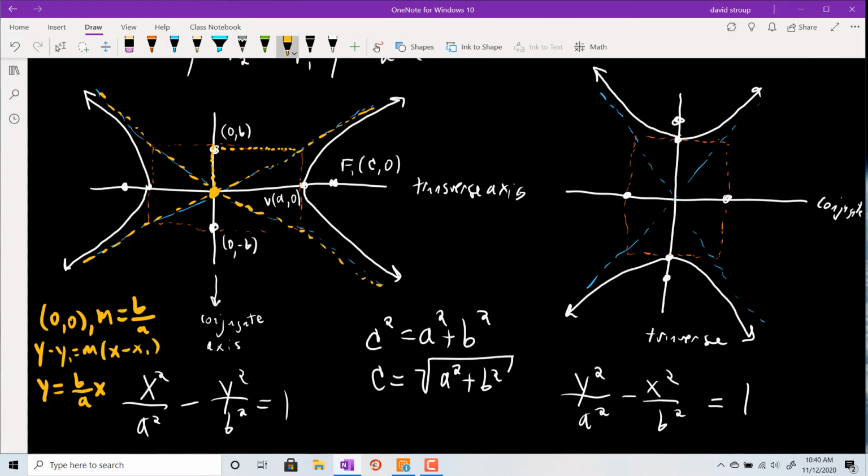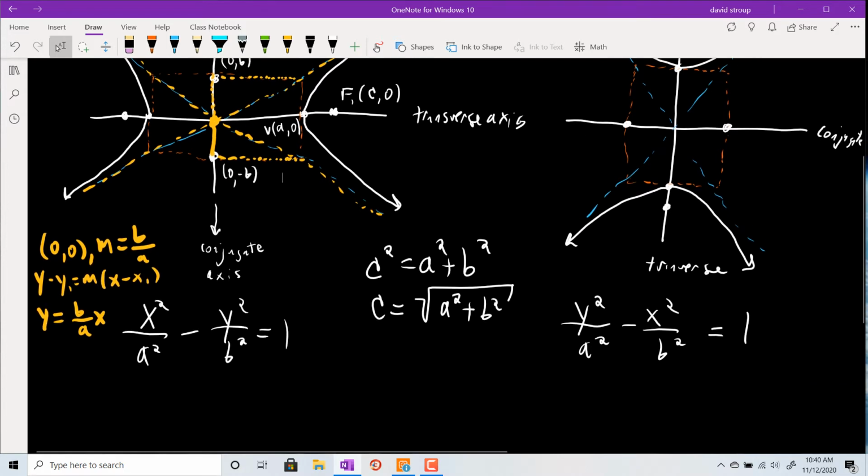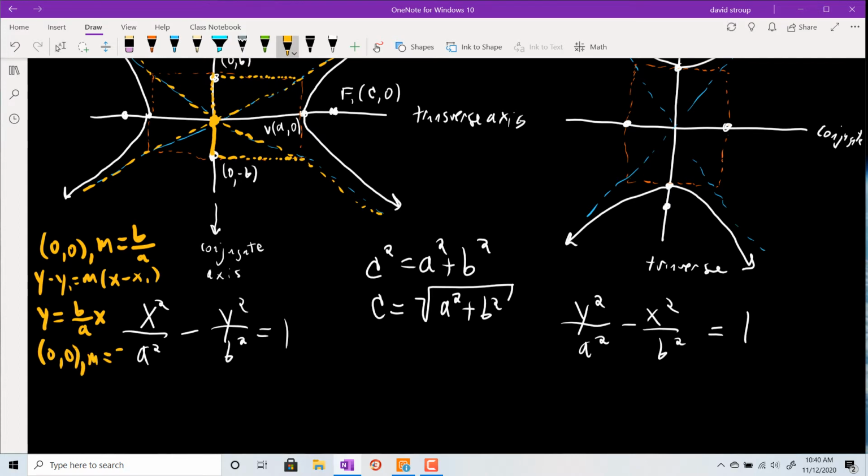To get its slope, you go down by b and then run by a. So m equals negative b over a, and the formula is y equals negative b over a x.